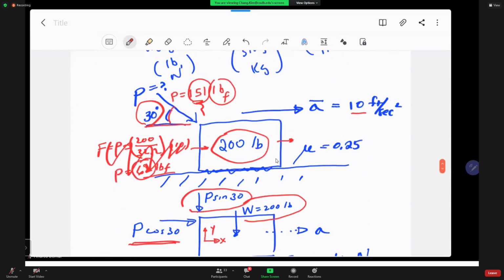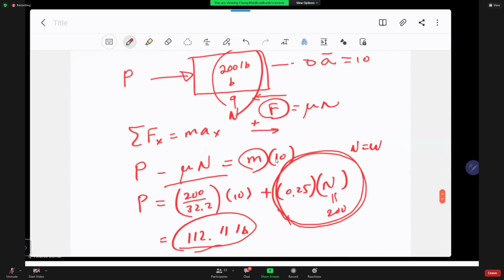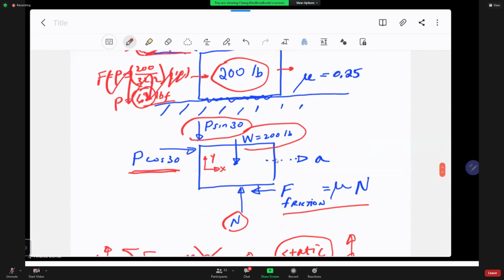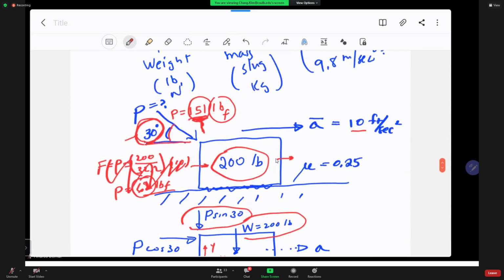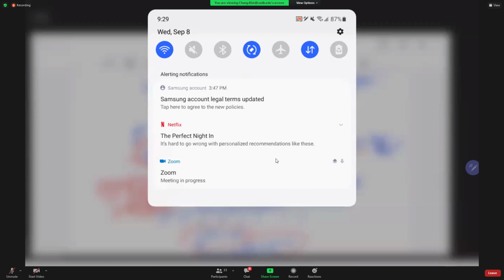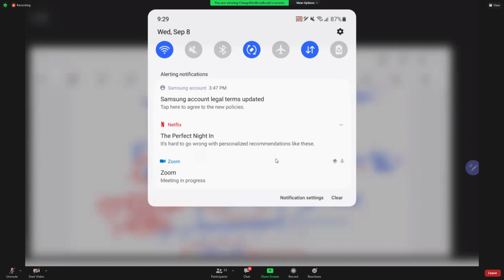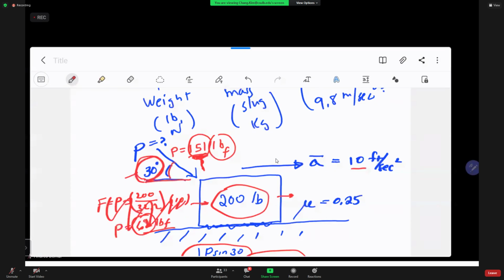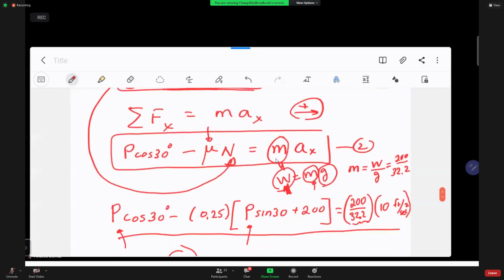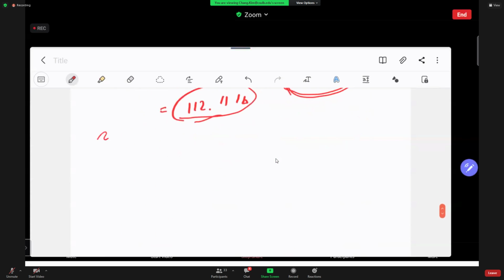So if it is at a 30-degree angle, then I need to push this guy 151 pound. But if the angle is 0, then 151 pound drops down to 112 pounds. Okay, so it's a little bit easier. Okay, so that's how we're gonna use this type of equations, the F equal ma.